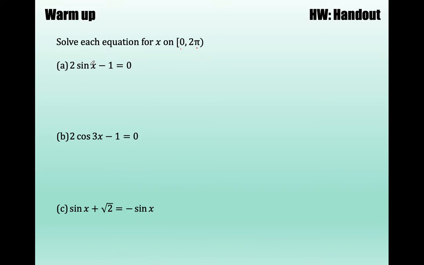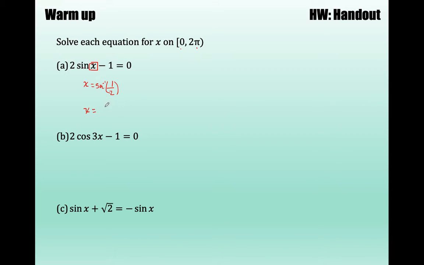My job is to isolate x. So using the order of operations backwards when you're solving, I'm going to get rid of addition and subtraction, get rid of any multiplication or division, and then undo sine, all with inverse operations. So x is going to be equal to add 1, divide by 2, take the inverse sine of both sides, right?